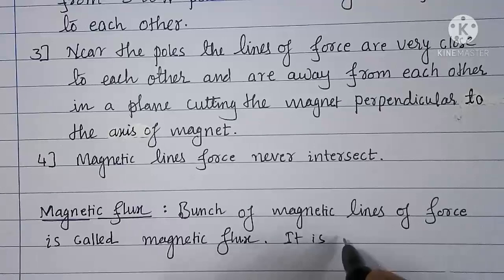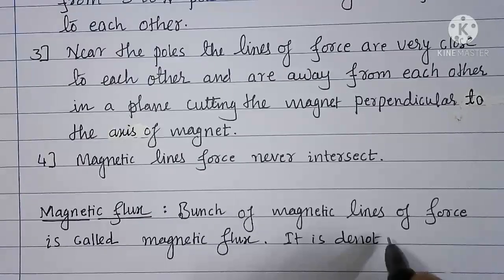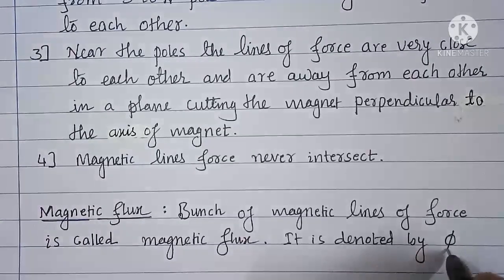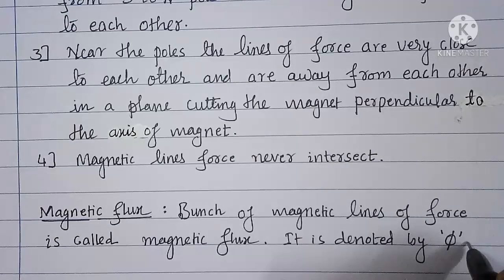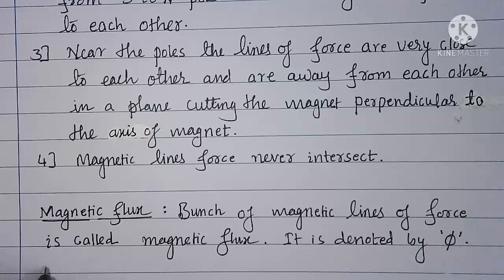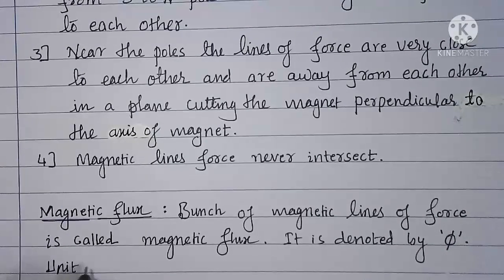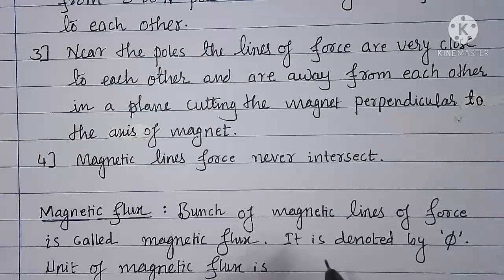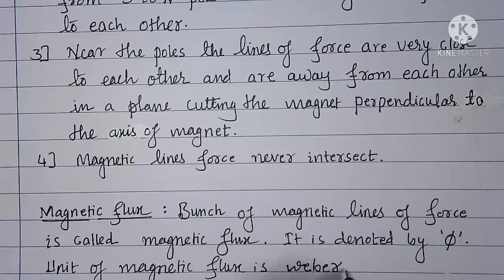It is denoted by phi. Unit of magnetic flux is Weber.